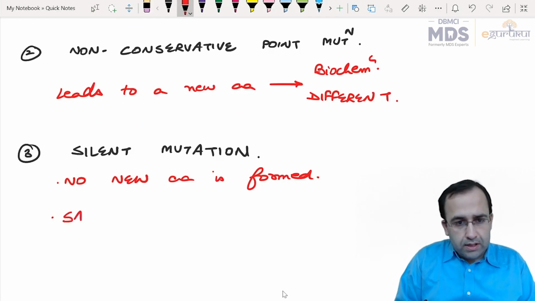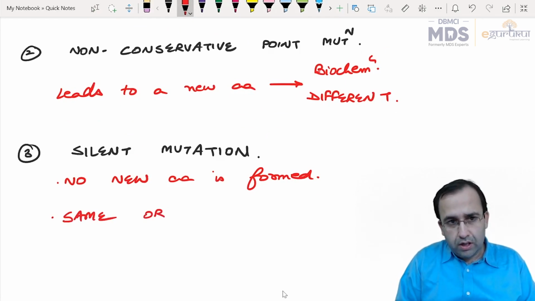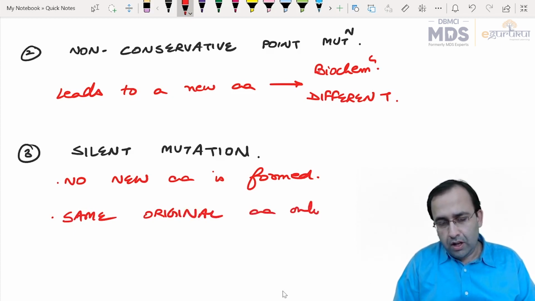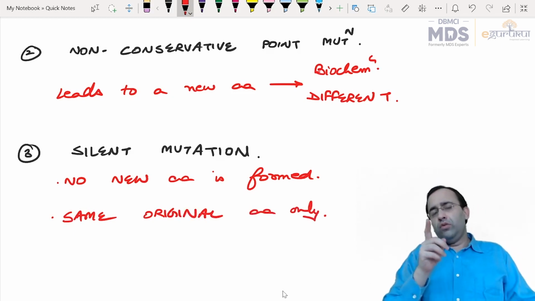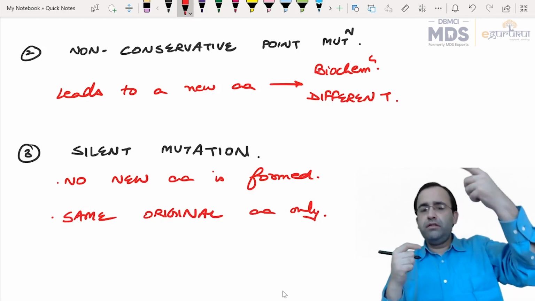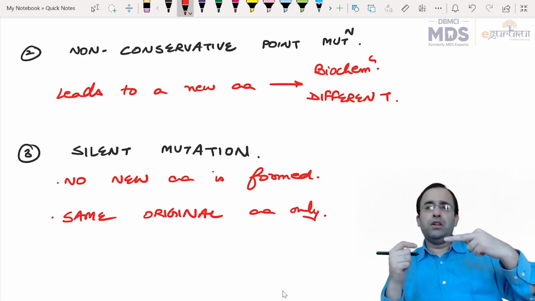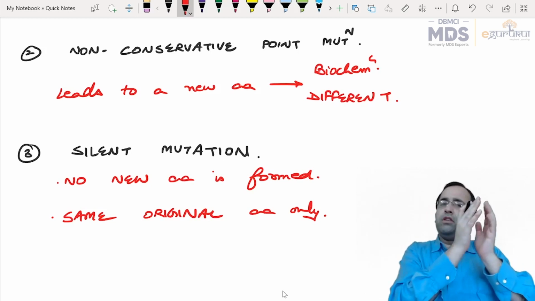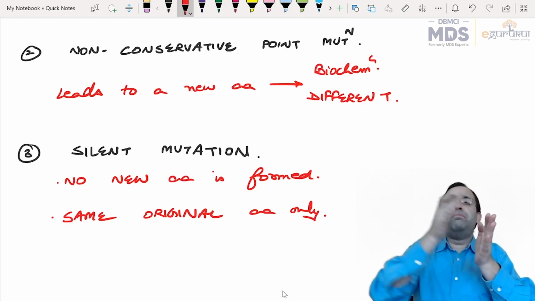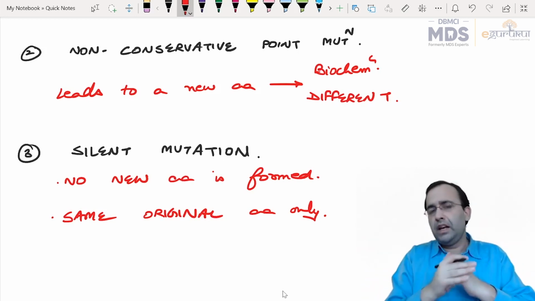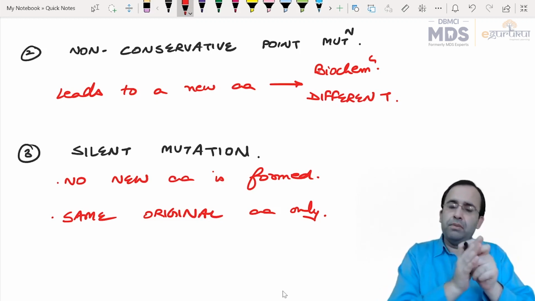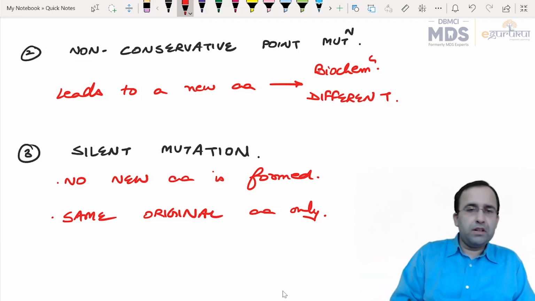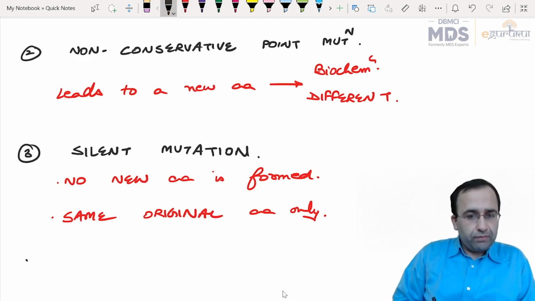It is the same original amino acid only. So what is the difference between a conservative point mutation and a silent mutation? In a conservative point mutation it was a new amino acid, biochemically similar, whereas in a silent mutation, point mutation has occurred but it is the same original amino acid only.